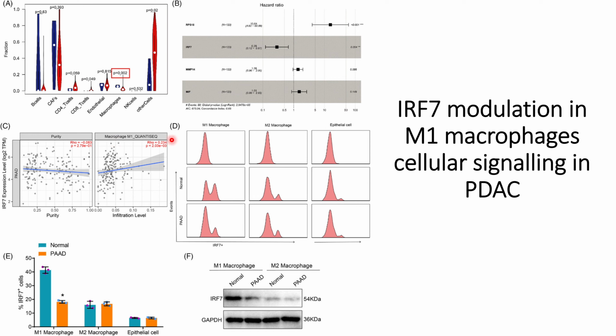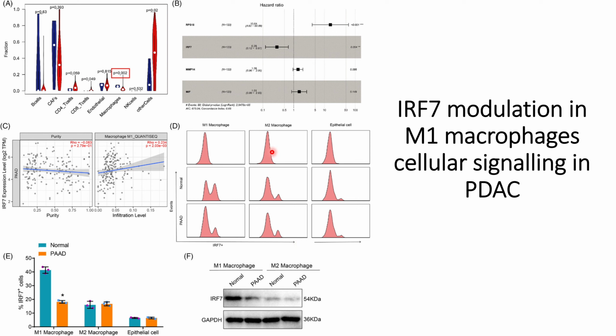So what they did is they took the pancreatic tumor cells and also the cells in the tumor microenvironment, that is the normal cells surrounding the pancreatic tumor cells, and checked the level of IRF7. They saw that in the M1 macrophages the IRF7 levels are higher in the tumor microenvironment, or the normal cells surrounding the pancreatic tumor cells, compared to the pancreatic tumor cells, indicating that IRF7 modulation might be occurring as they interact with the pancreatic tumor cells, or as they infiltrate towards the pancreatic tumor cells.